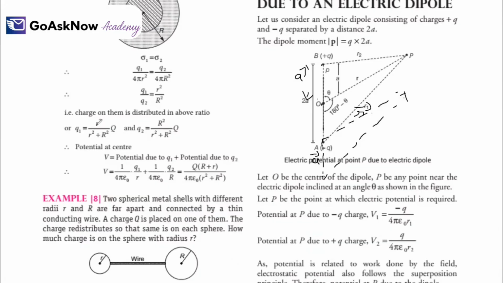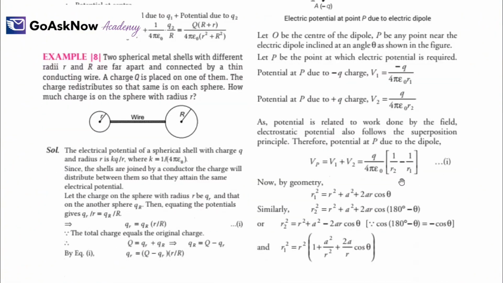I will explain why it is coming like this. If you see here, you have r1 this, your small a vector is this, and small r this. Observe here. R1 square is what?